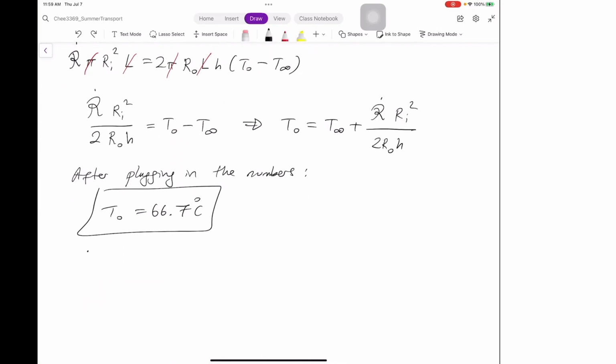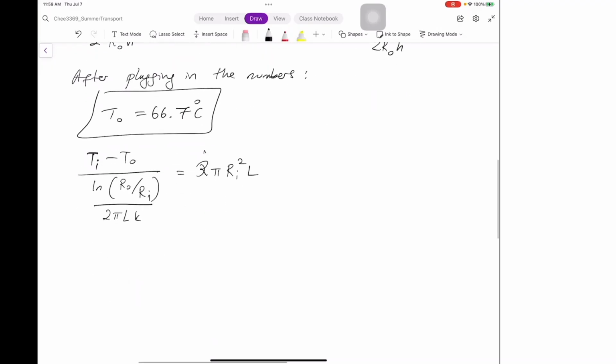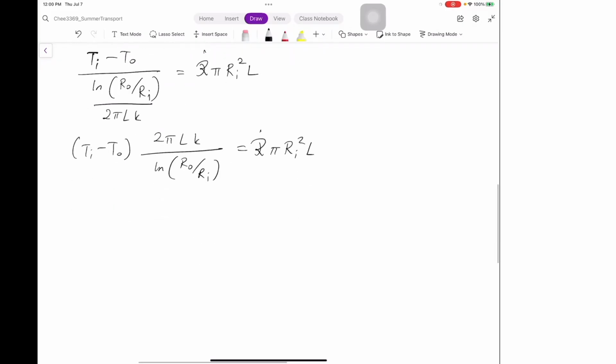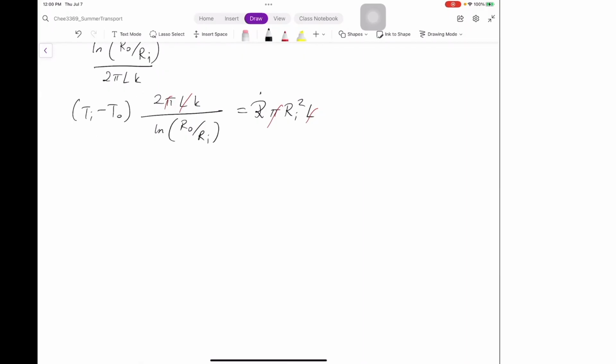So you say that Ti minus T out divided by logarithm of R out over Ri divided by 2 pi Lk is equal to the generation rate times pi Ri squared L. Then you make this upside down to make it look like Ti minus T out times 2 pi Lk over logarithm of Ro over Ri is equal to the generation rate times pi Ri squared L. The pi's and L's cancel again, and you solve for Ti.